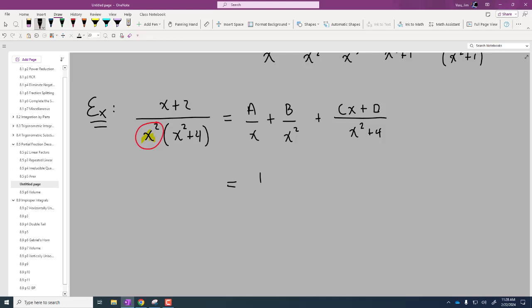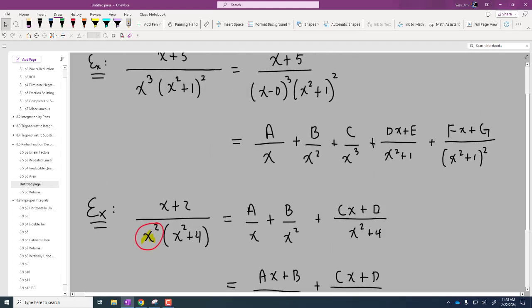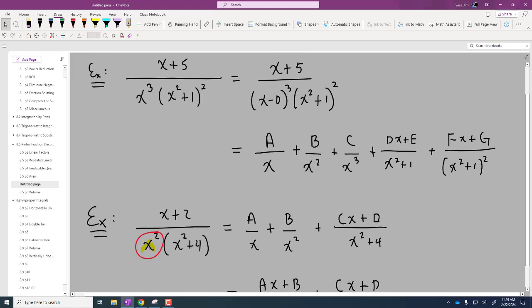Because if you did do ax plus b, if you multiplied this by x over x, you would end up with that, which actually is what you would put on top of x squared if you were treating it like an irreducible quadratic. So if you do just have a square, you could sort of mistakenly interpret it as an irreducible quadratic and it would be okay. But if you have a cube or anything else, it's not going to work.